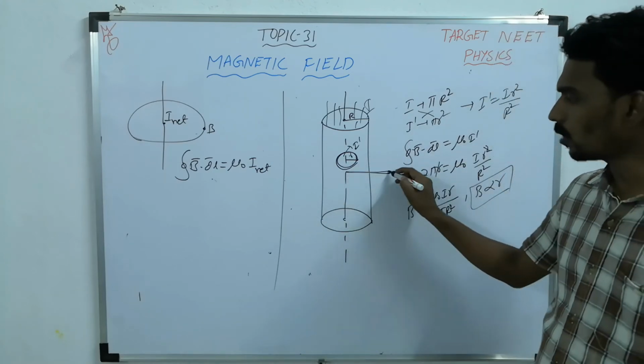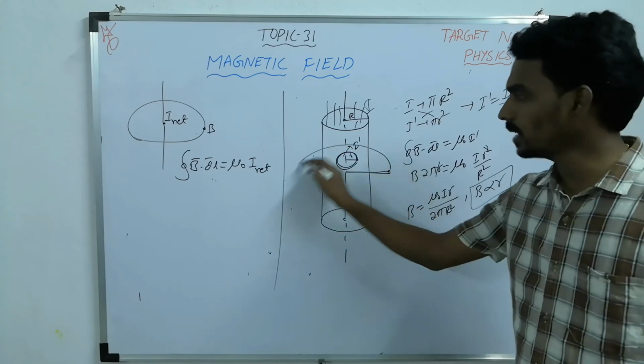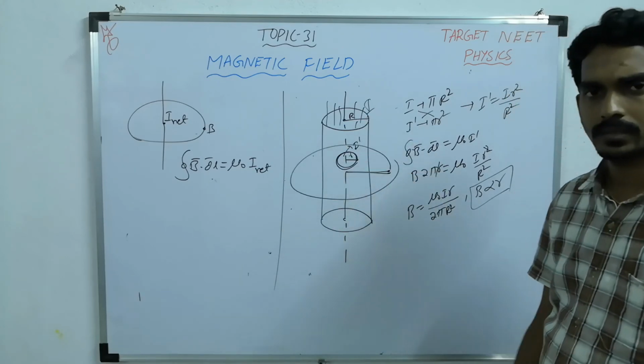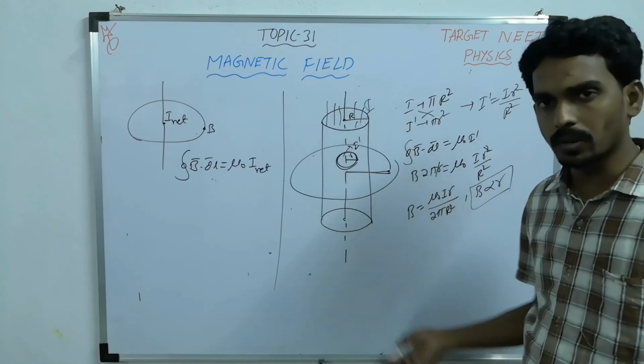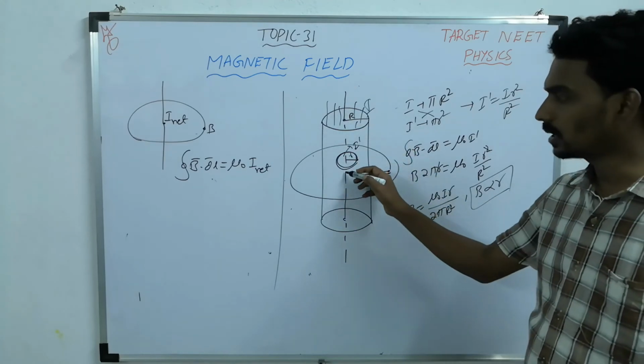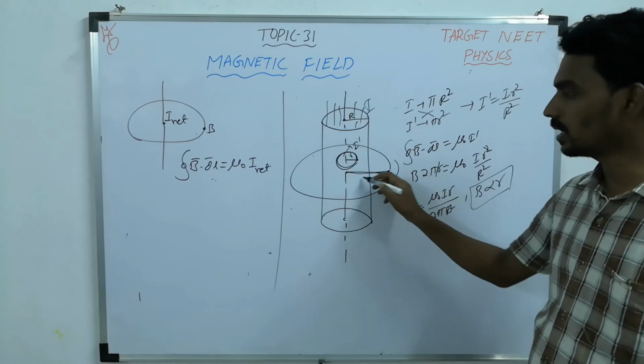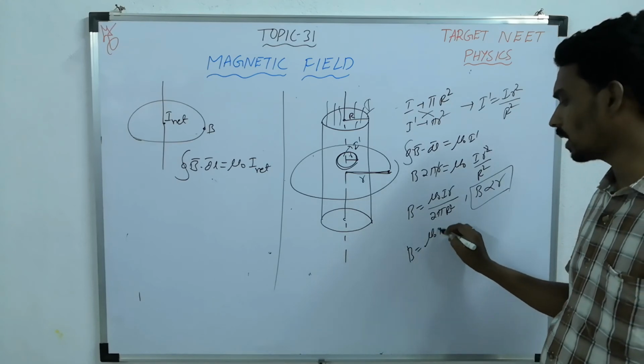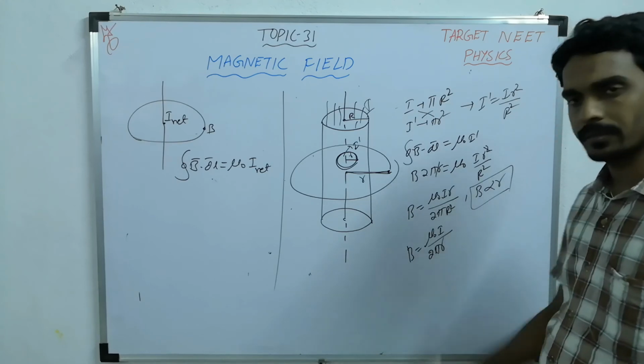Now for any point outside, if you imagine a circular loop, the total current is within that. Then you can take it like a thin wire also, because for a thin wire at a distance r, what is the magnetic field you can take? Mu naught I by 2 pi r.